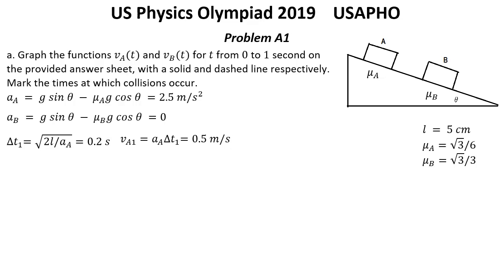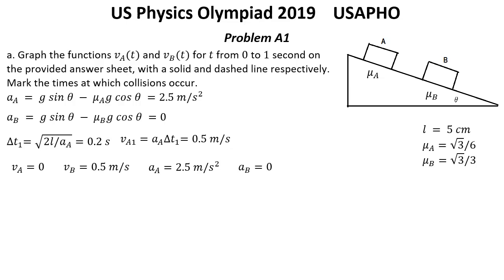After the first collision, the blocks exchange velocity, and we have new velocity for block A equal 0, new velocity for block B equal 0.5 meters per second, and still acceleration of block A is 2.5 meters per second squared and block B is 0.